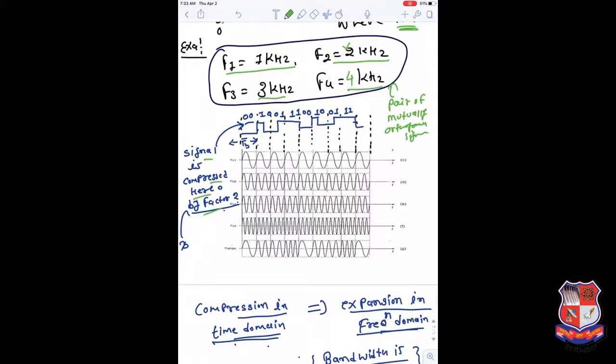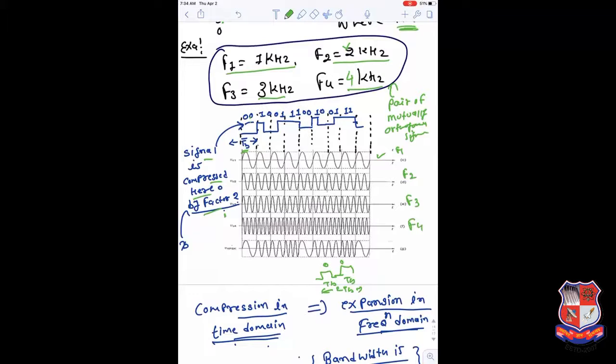Here we have a diagram. We can see here that we need to compress the signal, because otherwise for bit 0 we require a Tb time period, and for another 0 we require another Tb time period. So we would require a total of 2 Tb time period. But here both are compressed in a single Tb time period. So this is compressed by a factor of 2. So for 0 0 we have 4 carrier signals, VC1 of frequency F1, F2, F3 and F4.